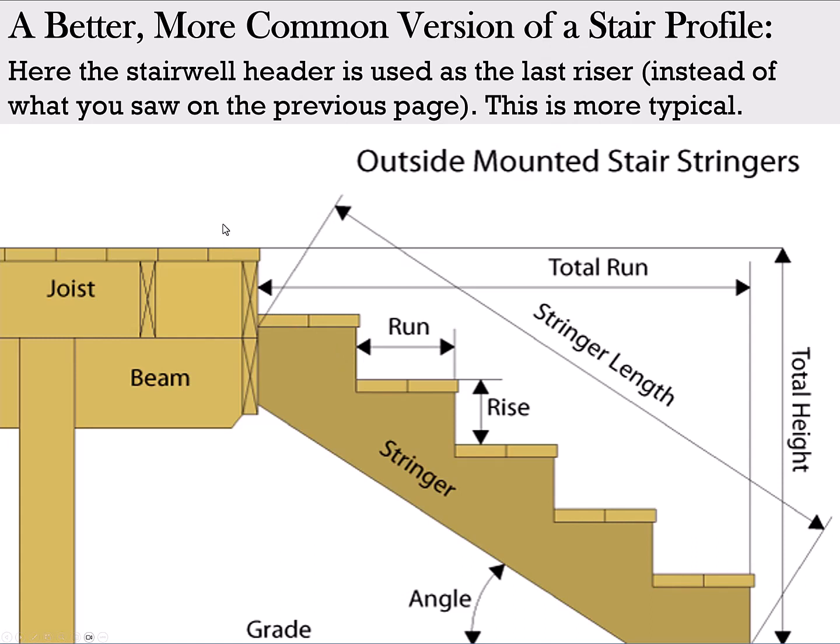So there are 6 riser heights. So automatically I can tell you that there are only 5 tread boards. If the stringer is attached like this, where your last step is up onto the finished floor from the stringer, there will always be one less tread board than there are riser heights. That's an important thing. It'll help you to answer questions about that.